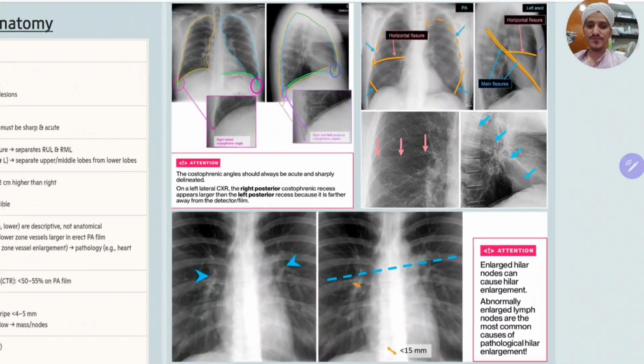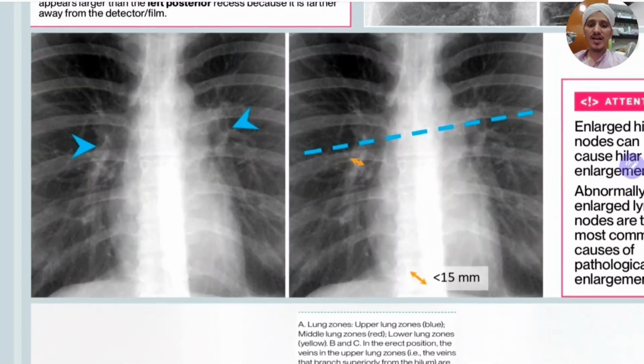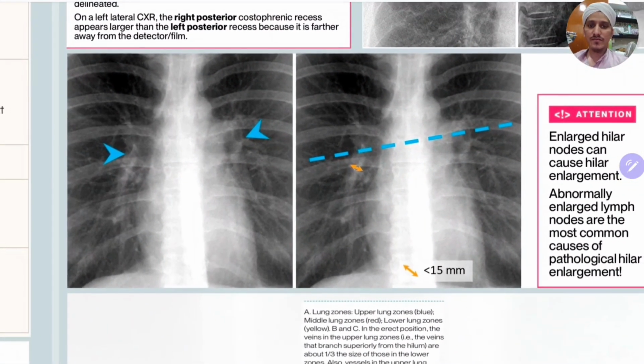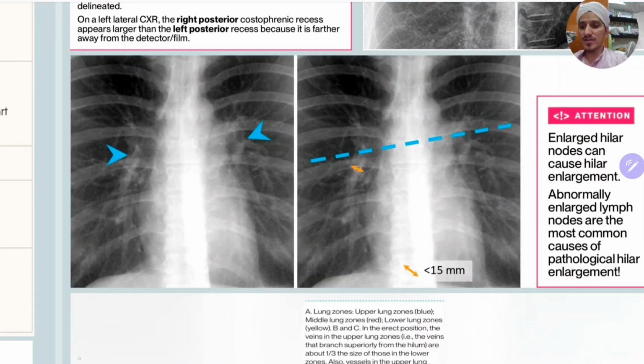Now moving forwards, coming to the hila. How will you see the hila? The left hilum is normally like this, okay.